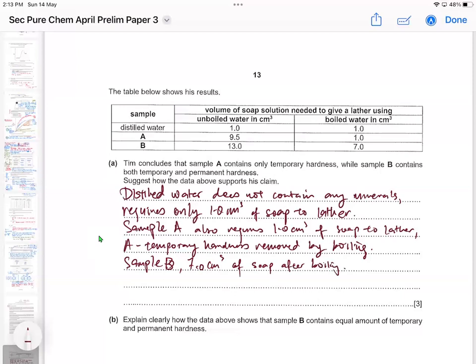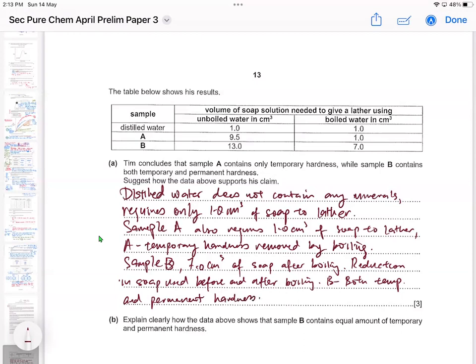So this suggests that although over here we see a reduction in the soap used before and after boiling, this supports the case where it shows that B contains both temporary and permanent hardness.